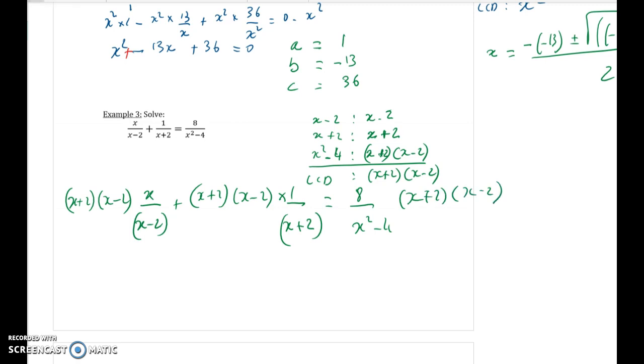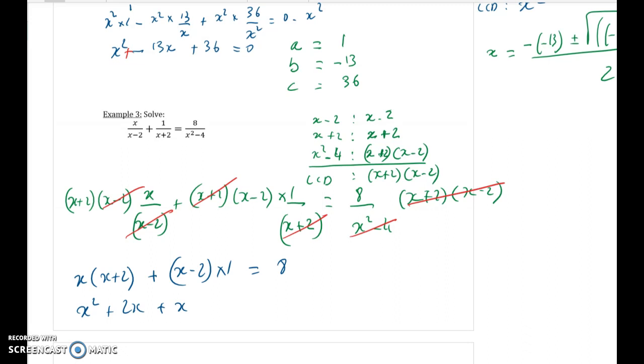Obviously, I know that x plus 2 times x minus 2 is x squared minus 4, x plus 2 divided by x plus 2, x minus 2 divided by x minus 2, and now I end up with x times x plus 2 plus x minus 2 multiplied by 1 equals 8. I distribute: x squared plus 2x plus x minus 2 equals 8.